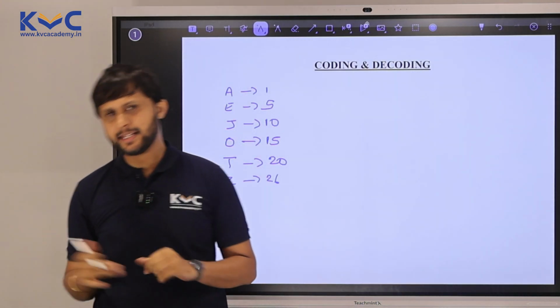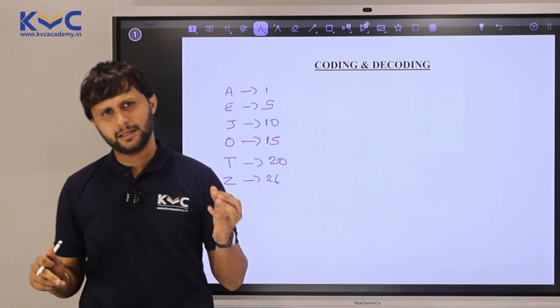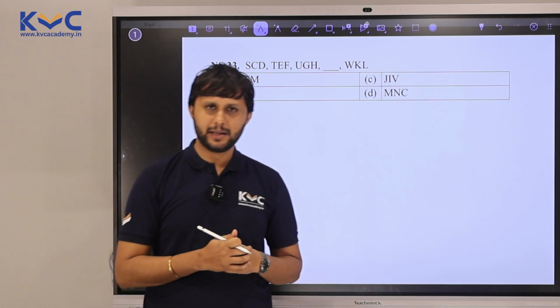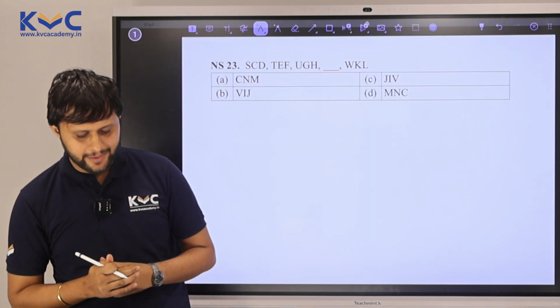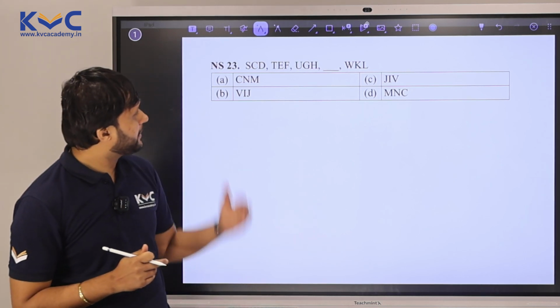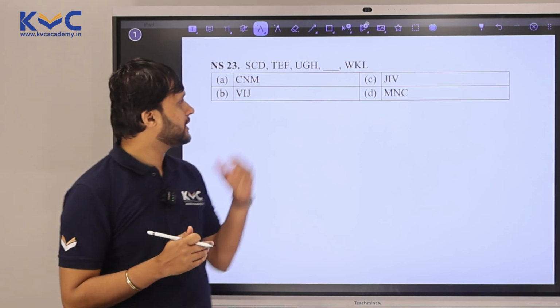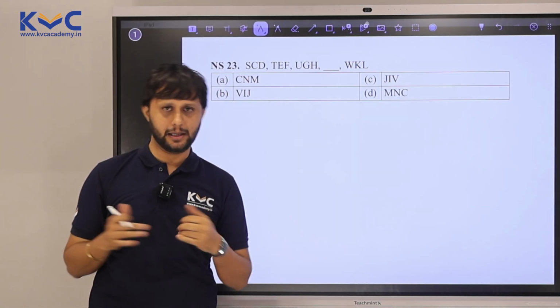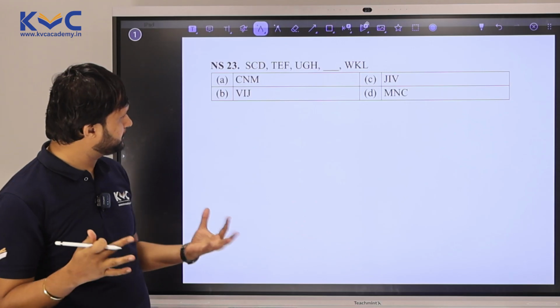Now let's go to the questions and see what exactly the questions will ask you to calculate. Question number 23, the numbering continues. We have S, C, D; T, E, F; U, G, H; a blank as the answer, and we want W, K, and L. Try to find the pattern.